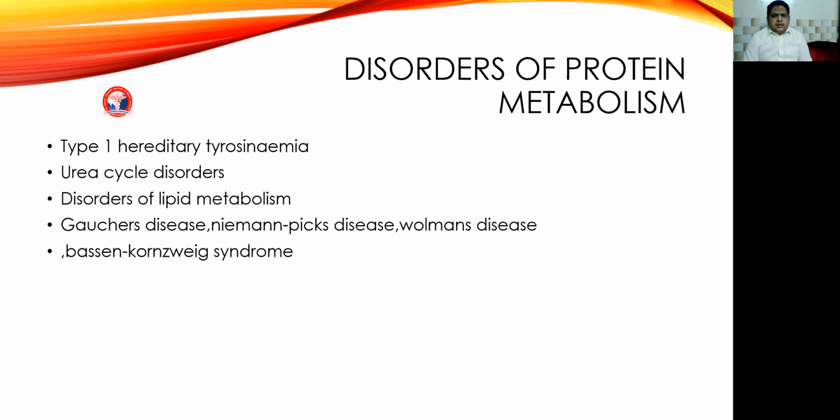Disorders of protein metabolism: here you have type 1 hereditary tyrosinemia, urea cycle disorders. Next one is disorders of lipid metabolism: Gaucher's disease, Niemann-Pick disease, Wolman's disease.